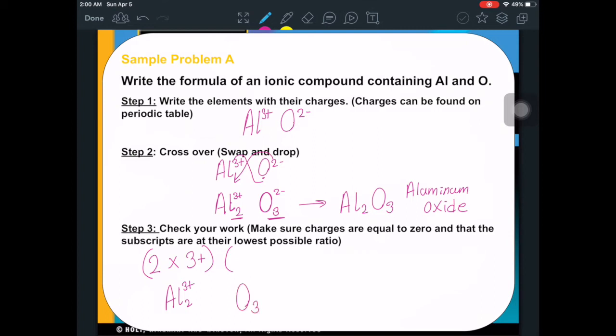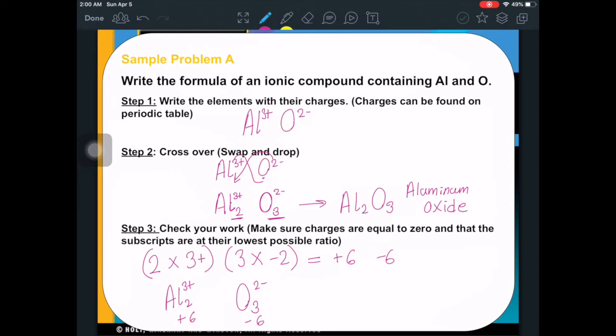I have 3 oxygens, and each one of them has a charge of -2. So it's 3 times -2. Okay? So now I can find the overall charge of all of my oxygens and the overall charge of all my aluminums. And it'll end up being +6 and -6. So my overall charge of aluminums is +6, and my overall charge of oxygens is -6.